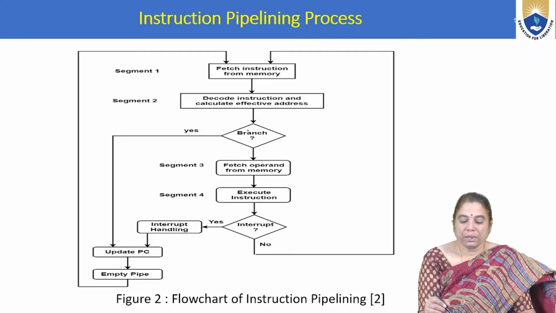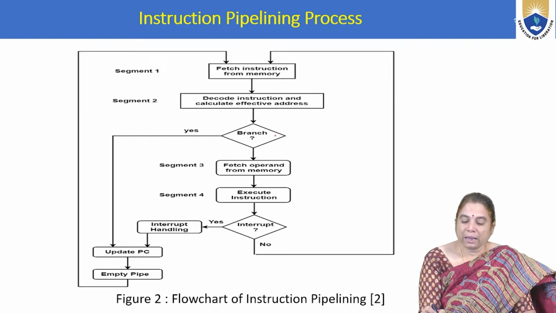And after completion of this, it has to return to the main program execution. To do this, the return address has to be saved so that updation in the PC can be required. So after decoding, the type of instruction can be decided, whether it is a branch instruction or not.